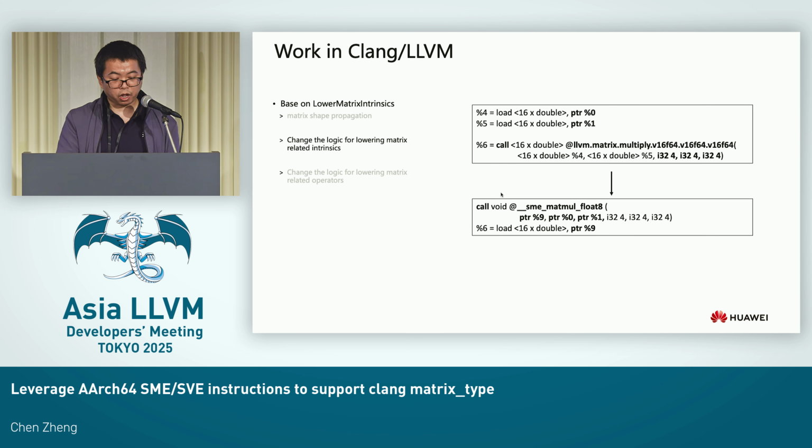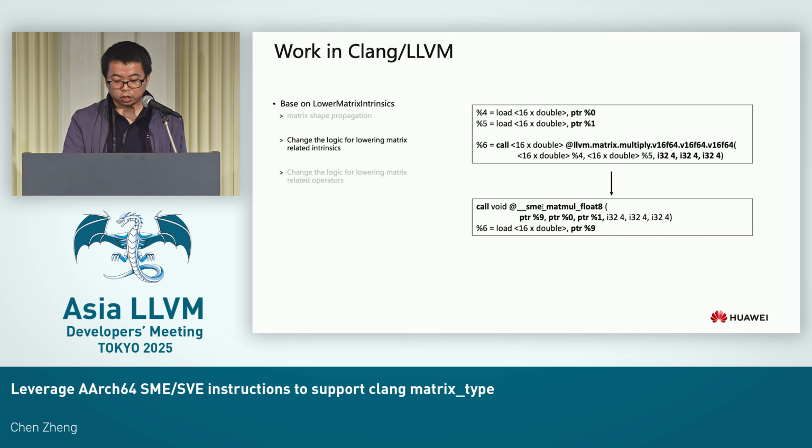And for the second step, the lower matrix intrinsic path will try to lower the matrix intrinsic. We need some change here to avoid manually maintaining the ZA register state. We emit a call to the SME matmul float 8.